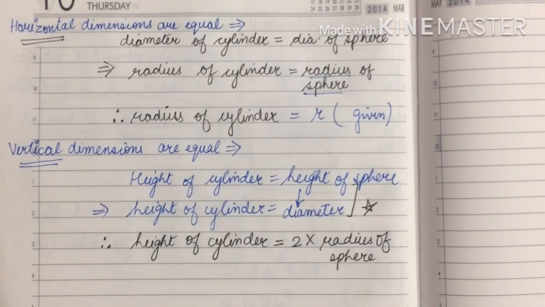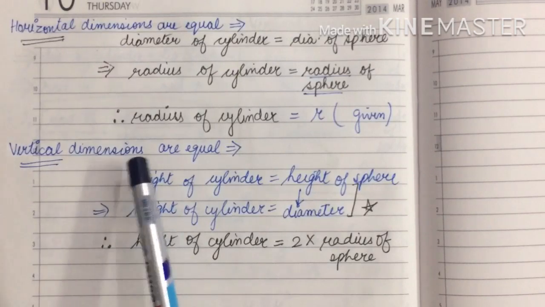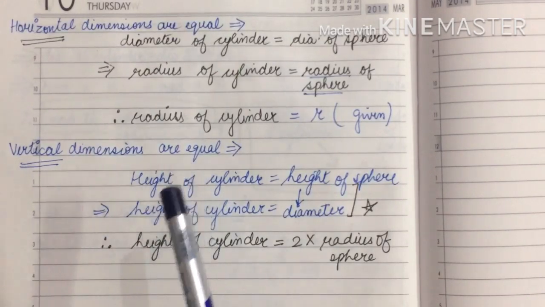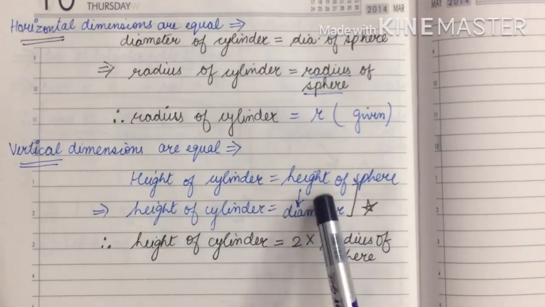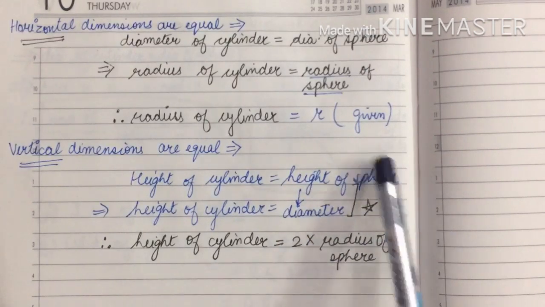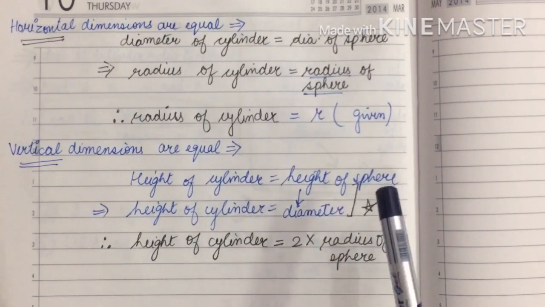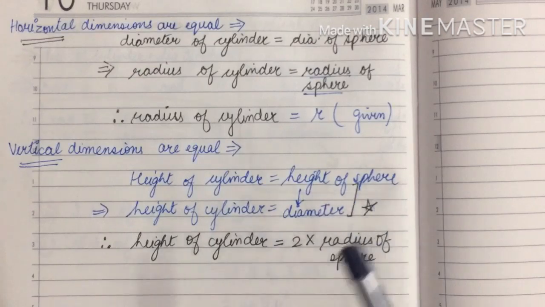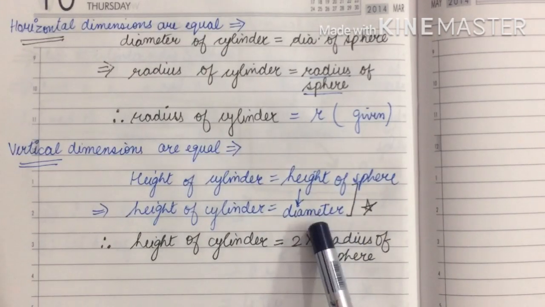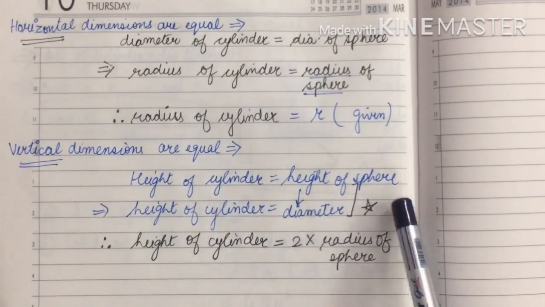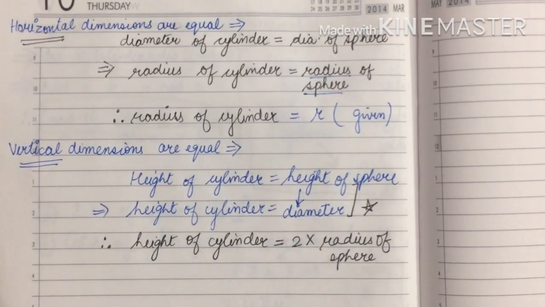Once again, if the vertical dimensions are equal, that means the height of the cylinder will be equal to the height of the sphere. But there is no height of a sphere. For a sphere, if you have to measure from the base to the top, it will be equal to the diameter. For a sphere, the parameter is just 1. We can only measure the radius.